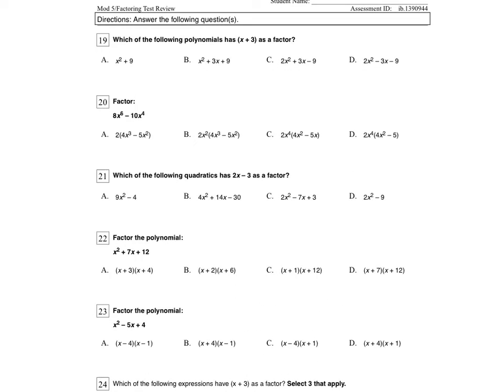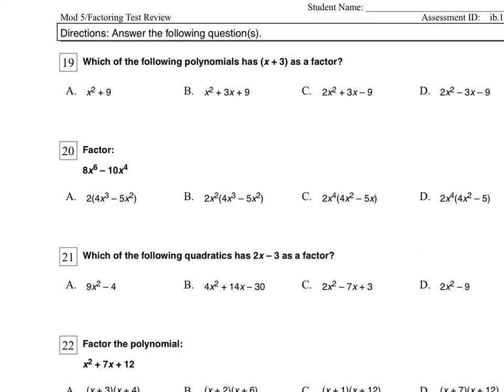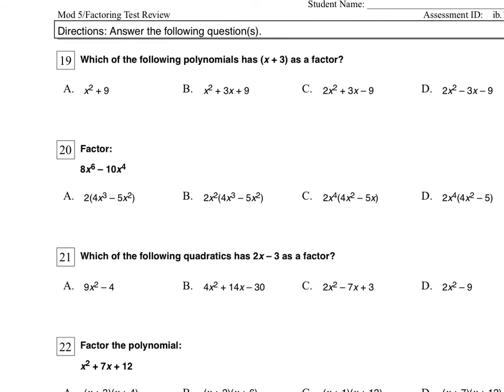19. It said, which of the following polynomials has x plus 3 as a factor? So we need to go through and factor these, but some of these we can eliminate. So A has two terms. There is no GCF, and if we look at it, is there a difference on it? X squared plus 9, that is not a subtraction sign between those, so we know that is what we call prime, so that one's not even factorable.